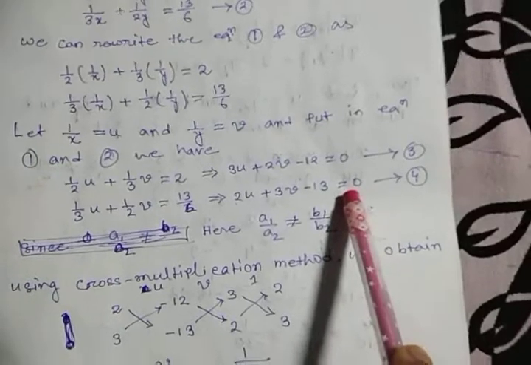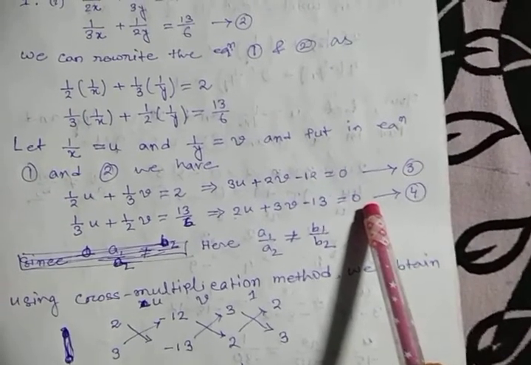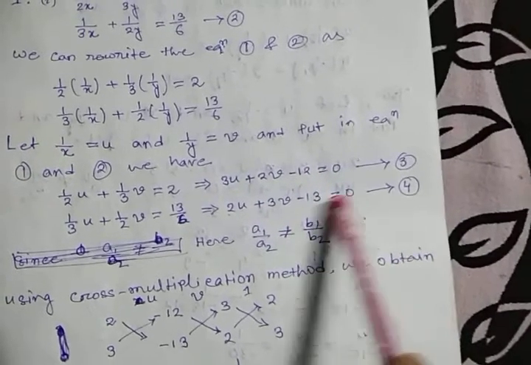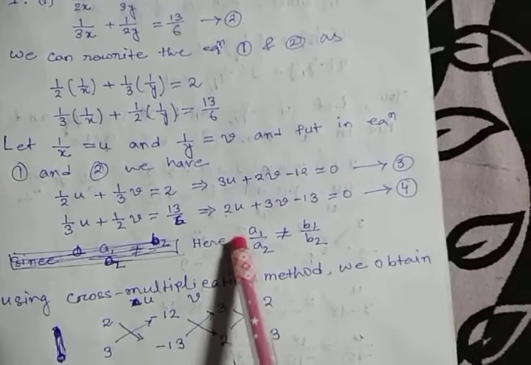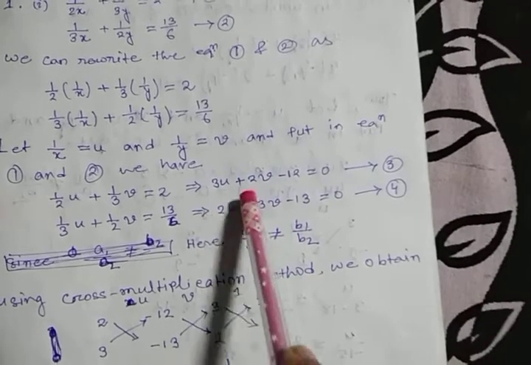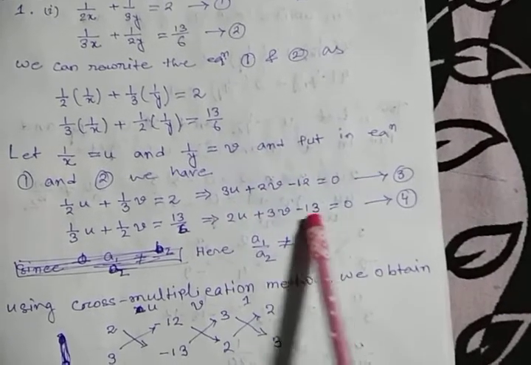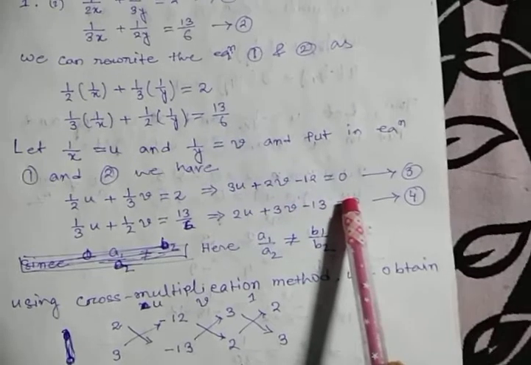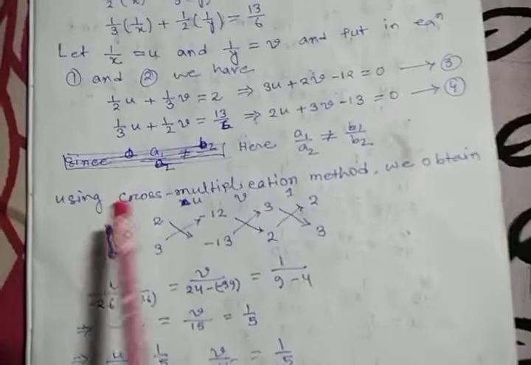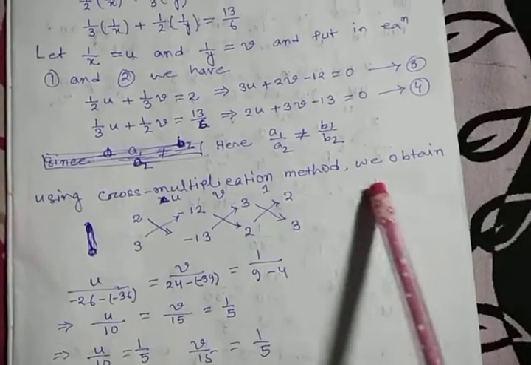First of all, we check whether these equations are intersecting, that is, have a unique solution. For checking, a1 by a2 is not equal to b1 by b2, because 3 by 2 is not equal to 2 by 3. So these two equations are intersecting, which means we can solve by any method. Here I am solving by using the cross multiplication method.